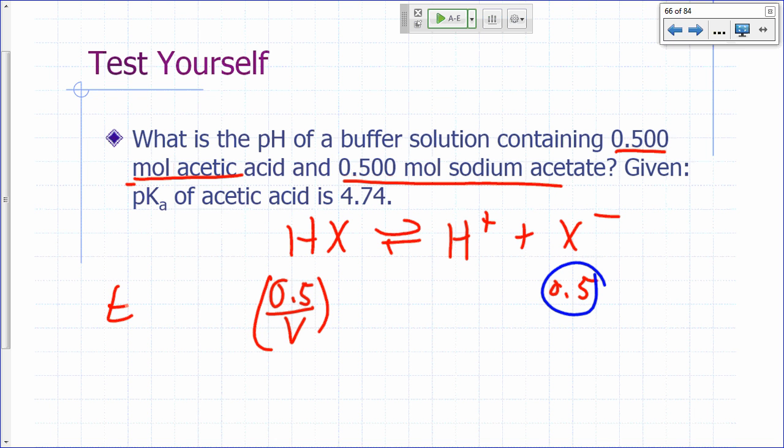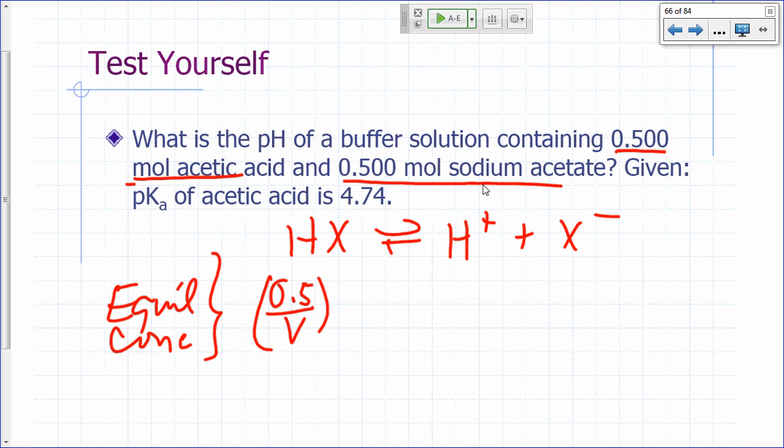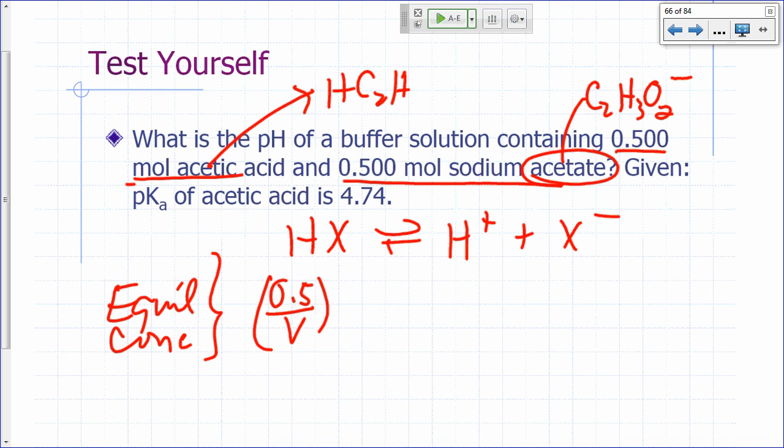So your equilibrium concentration is going to be 0.5 over V for acetic acid, HC2H3O2, which is what we're referring to as HX here.